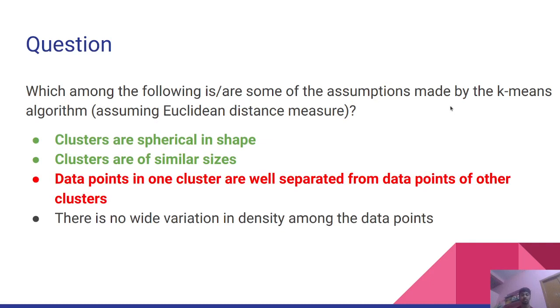That is not really the case. We do not really make this kind of assumption. When we cluster them, they can come out differently, but it is not a basic assumption that if there is any overlap, then this algorithm will not work. That kind of assumption we are not making.